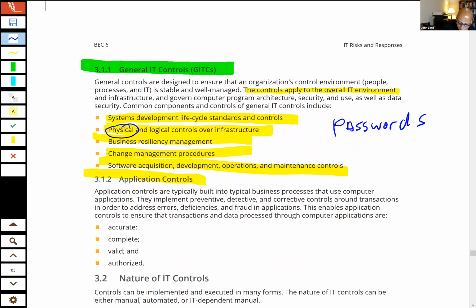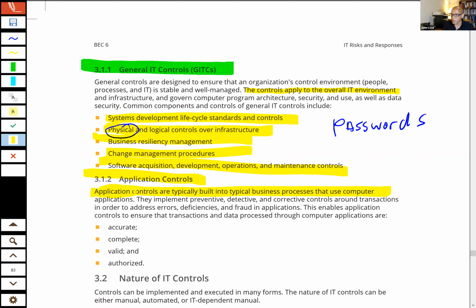Now we also have application controls, but application controls are at a lower level. They're built into business processes and use computer applications. So what happens? Payroll might have application controls. So for our payroll, we don't want everybody to get into the payroll application where everyone can see everyone else's pay rates and whatnot, right?